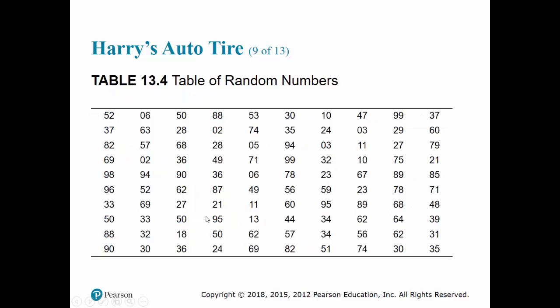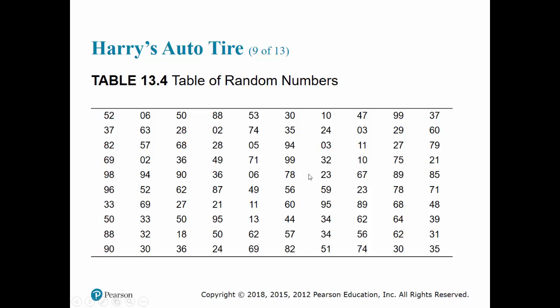Here is a table in the back of your textbook that gives you random numbers. This random number table is not very good because it has only two digits, but usually it'll have a string of numbers going across, and to add to the randomness, you would select at random some starting point and then decide which way to go, either left or up or right or down. And then you select how many numbers you want.